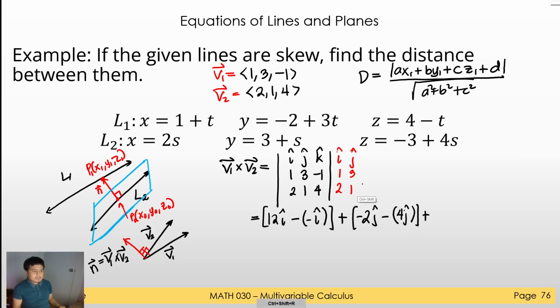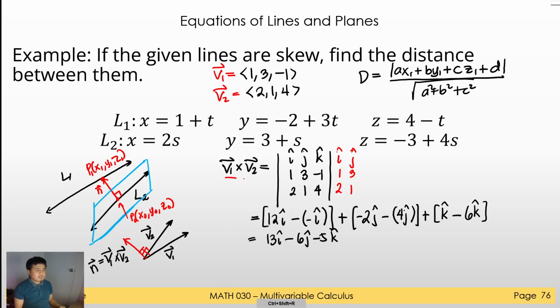And then plus, for the k, I'm sorry, this is the k first, so plus k hat minus 6k. Simplifying this, we have 13i, and then actually this will be negative 6j, and then -5k.